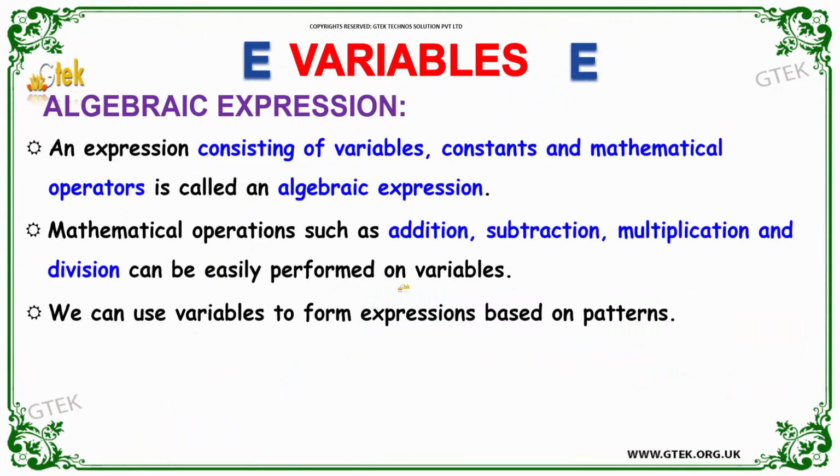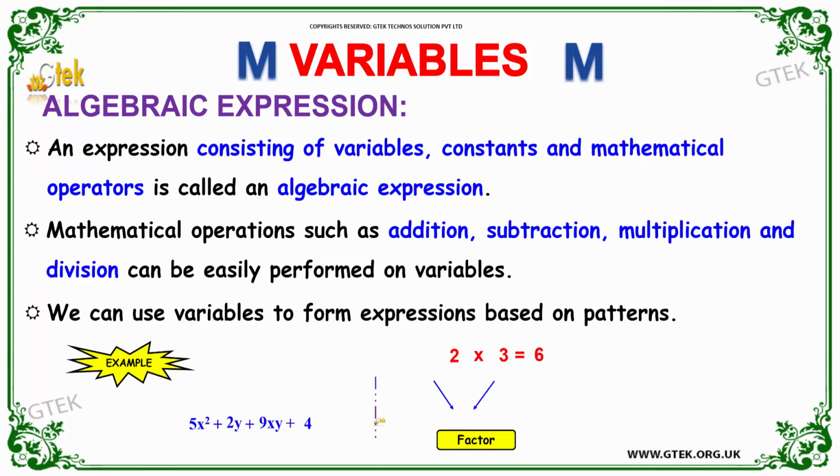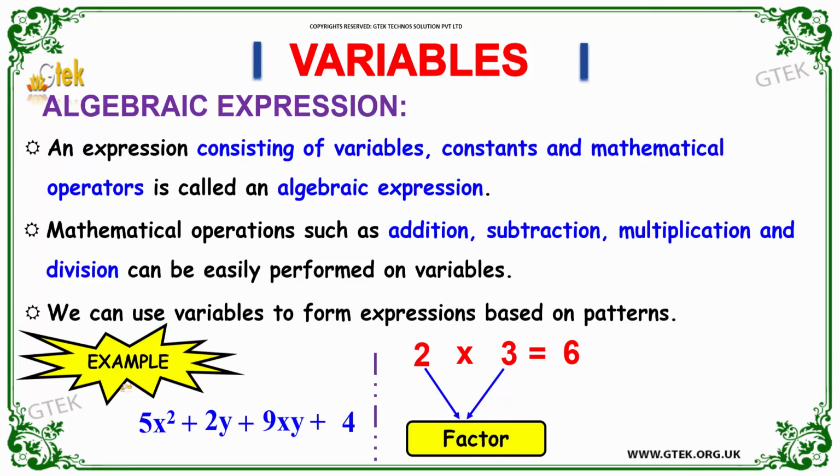Now let's move on to the concept which is called an algebraic expression. An expression consisting of variables, constants and mathematical operators. Here, x square, y, xy are the variables.